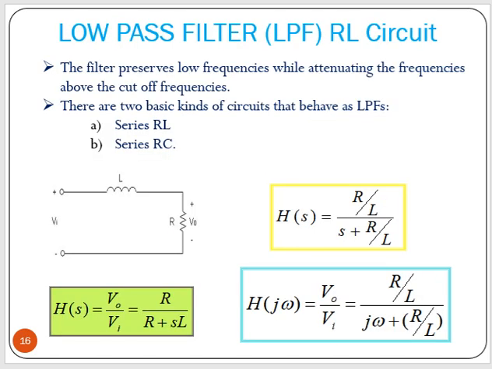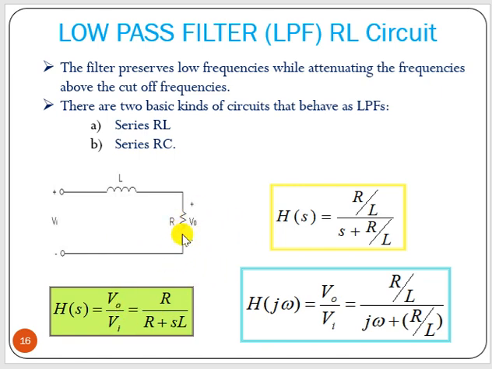Now, for a low pass filter example, a passive circuit can be a series RL circuit or series RC circuit. This is a series RL circuit, simple series R and L, and we take the output from R, so it will act as a low pass filter. How? For that we have to see the basic concepts.